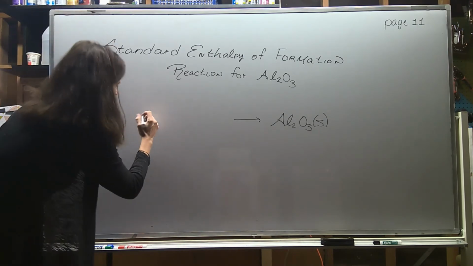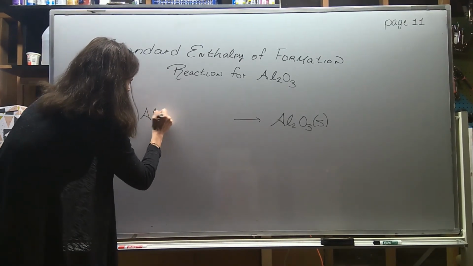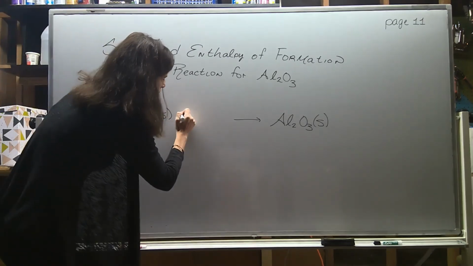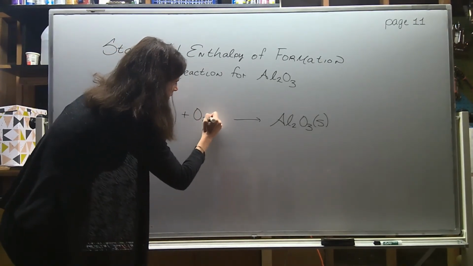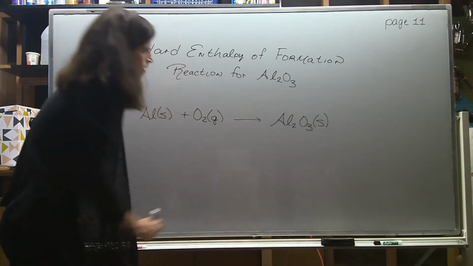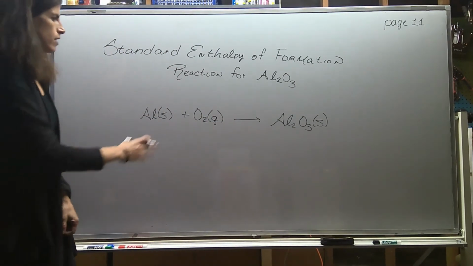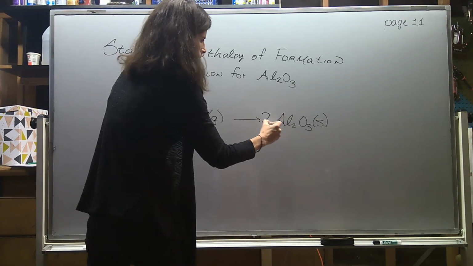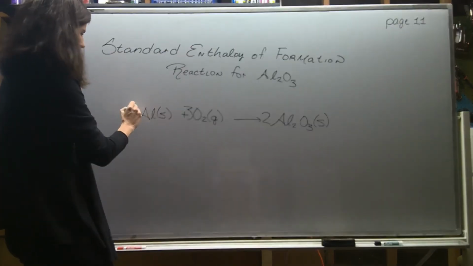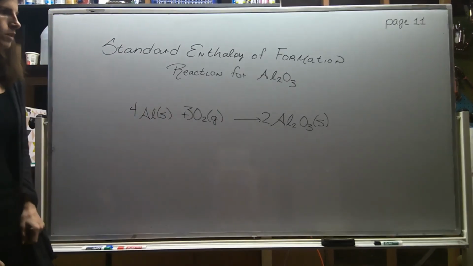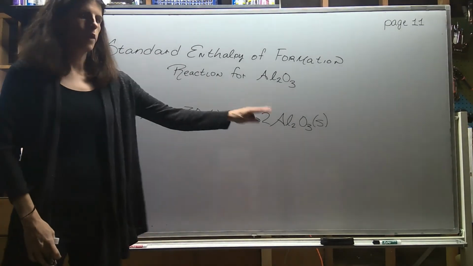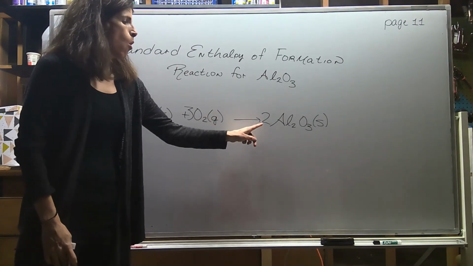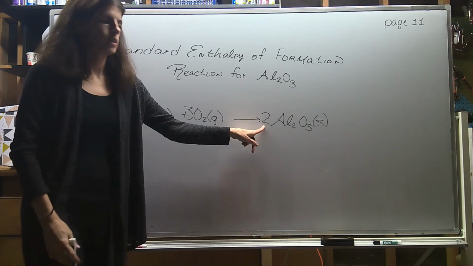So we know that solid aluminum is an element, and the other one will be oxygen gas. Then we'll go about balancing it. I'll put a 3 in front of the oxygen, a 2, that's 6 oxygens, and then 4 aluminum. Finally, when we're writing these, it's required that we only form 1 mole of the product of interest.